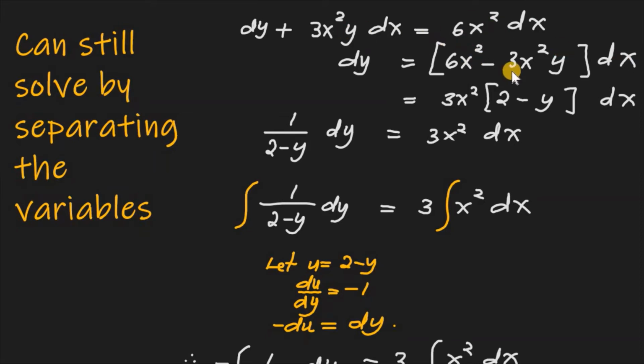So we have 6x squared minus 3x squared y. There is still a y there. Can we separate the x from the y? If we factorize 3x squared, we are left with 2 minus y. So let's divide by 2 minus y on both sides. So we get 1 over 2 minus y dy, and over here we get 3x squared dx.